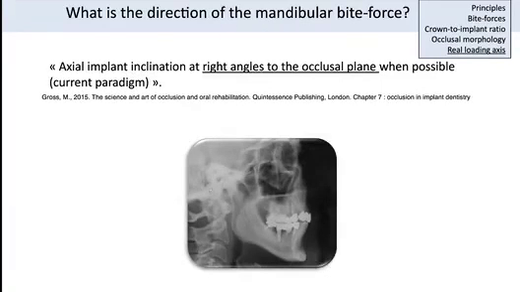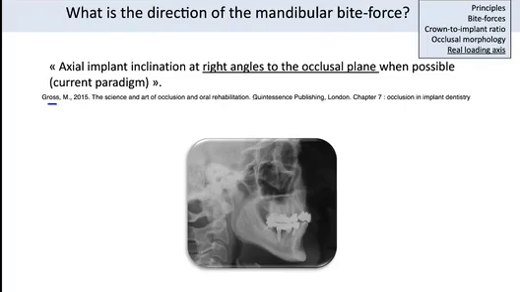But when you look at some X-rays, for example, you can have some questions concerning the direction of the implant. For some authors, like Gross, for example, who presents a very interesting book, Prosthetic Dentistry, Science and Art of Occlusion in Oral and Implant Rehabilitation.